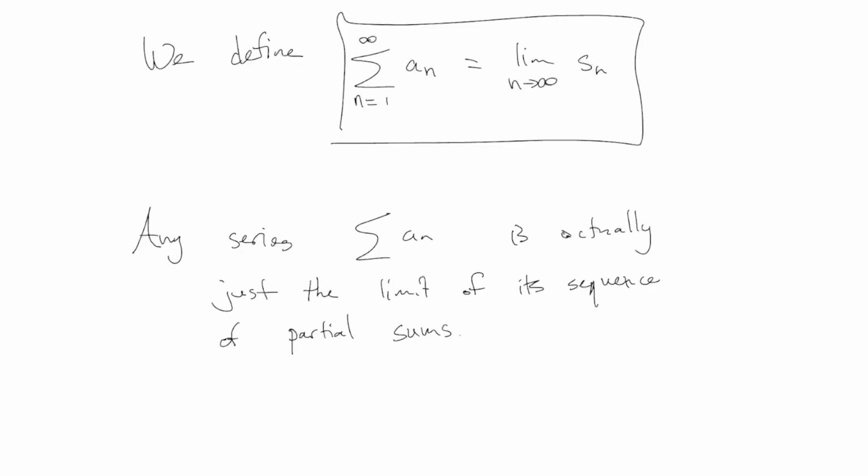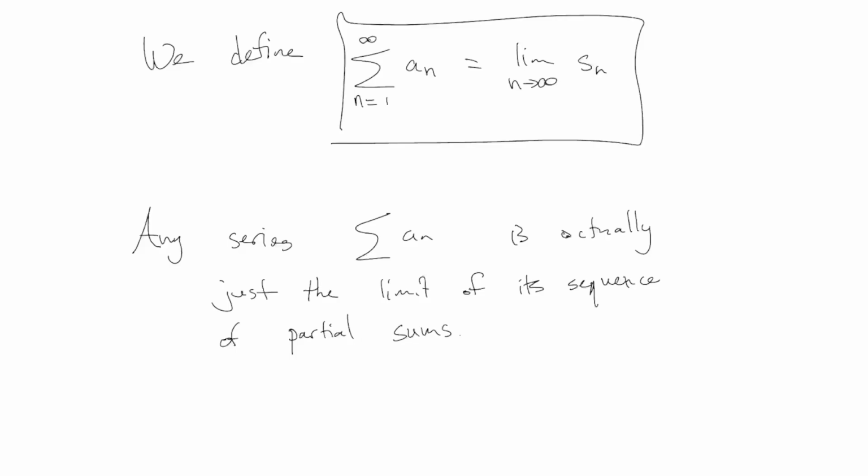All right? And the limit of a sequence, we already know what that means. It means what did the terms approach as you look further down the list. All right? It is the limit of a sequence.